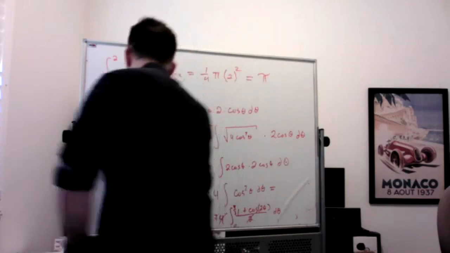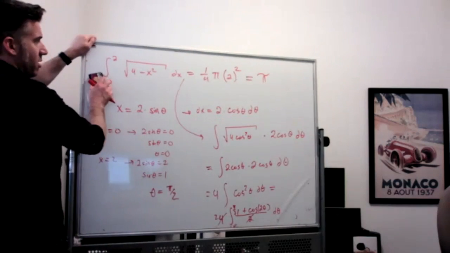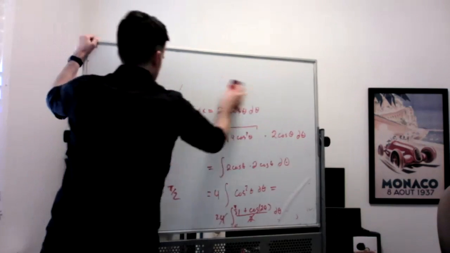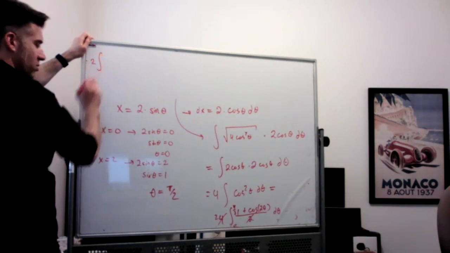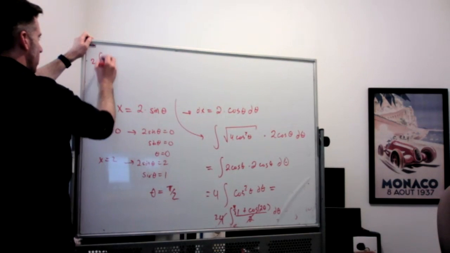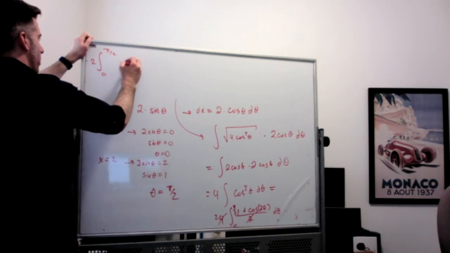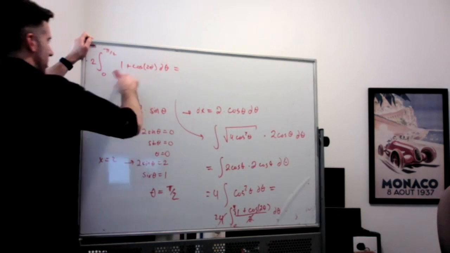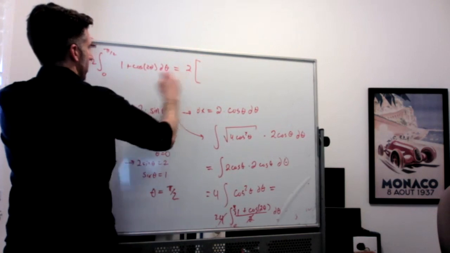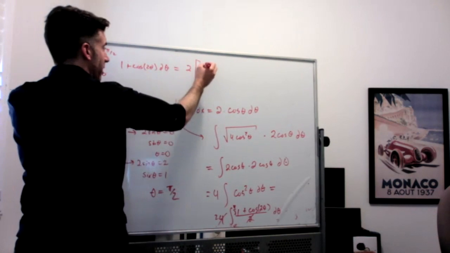So now I'm going to erase this up here since this isn't part of it. We're going to get that this integral is 2 times the integral from 0 to pi over 2 of 1 plus cosine of 2 theta. Integrate. The antiderivative of 1 is theta.